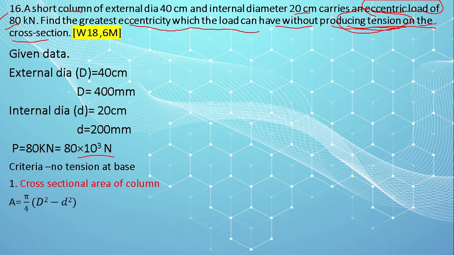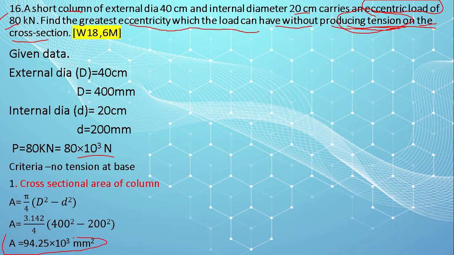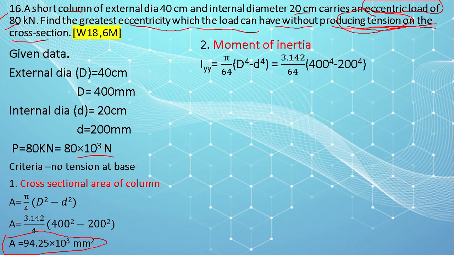Now for a hollow column, area can be calculated as pi by 4 into capital D square minus small d square. Therefore A is equal to 94.25 into 10 raised to 3 mm square. Formula for moment of inertia of a hollow circle is pi by 64 into capital D raised to 4 minus small d raised to 4.